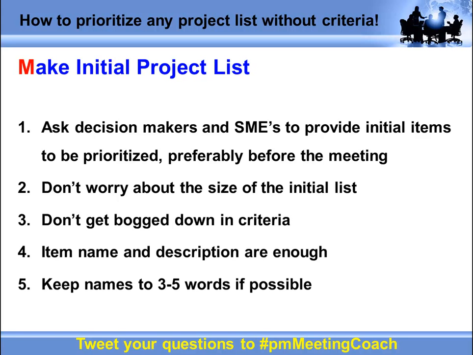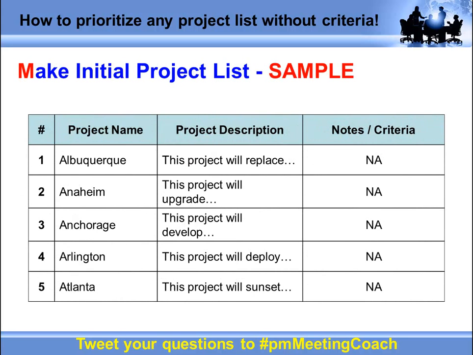All right, so what are we going to do next? Here's a sample. When we generated our very first list, we had information for some projects and not others. We had criteria for some projects. We had ROI. We had a lot of different pieces of information for a lot of different projects, and we didn't have all of the information for all of the projects.